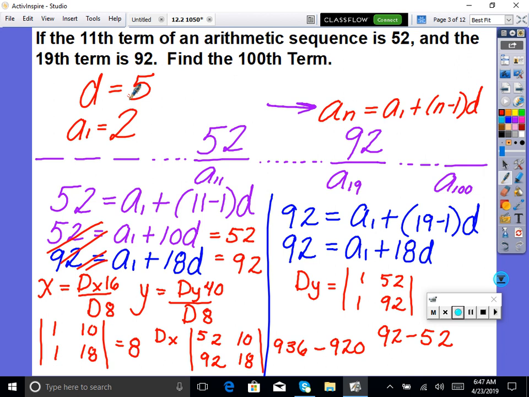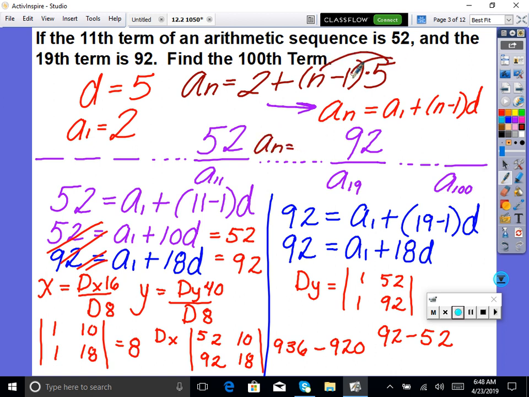So now what can we do? Can we now write our general formula? So we'd say a sub n is equal to a sub 1, which is 2, plus n minus 1, and then times 5. And all that work was done so that we can now find the 100th term. So now couldn't I just plug in 100? Yeah, I could simplify it, right, if I wanted. So then we would have a sub n is equal to 5n minus 3, because I added negative 5 plus 2.